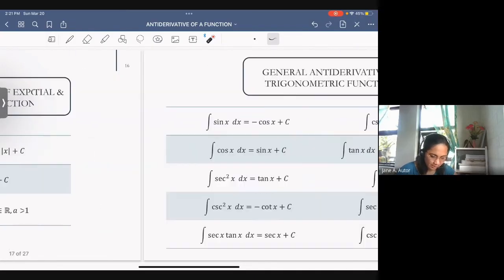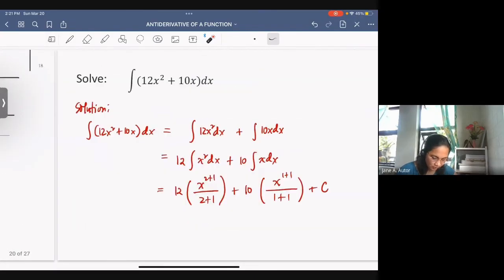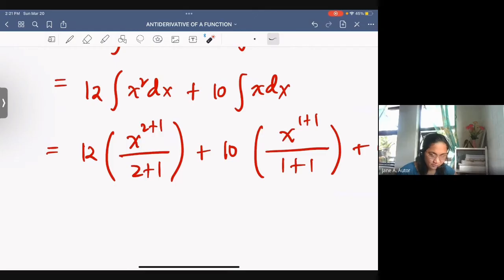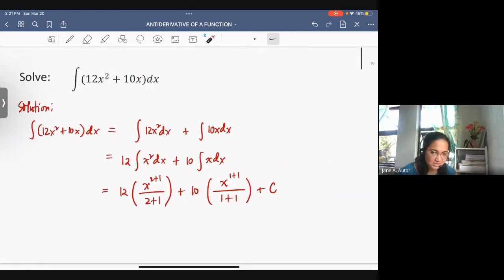So, going back here to our solution, we'll have 12 times the quantity x raised to 2 plus 1 divided by 2 plus 1, plus 10 times the quantity x raised to 1 plus 1 divided by 1 plus 1, plus c. Now, let us simplify these expressions.